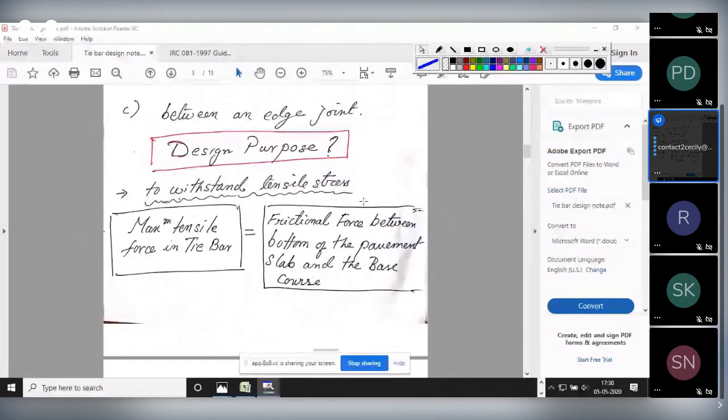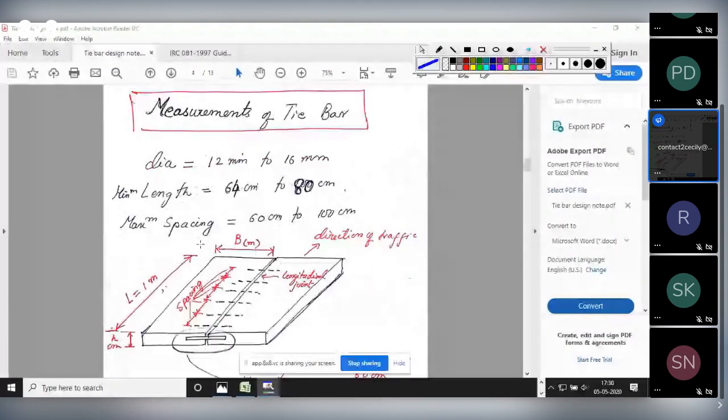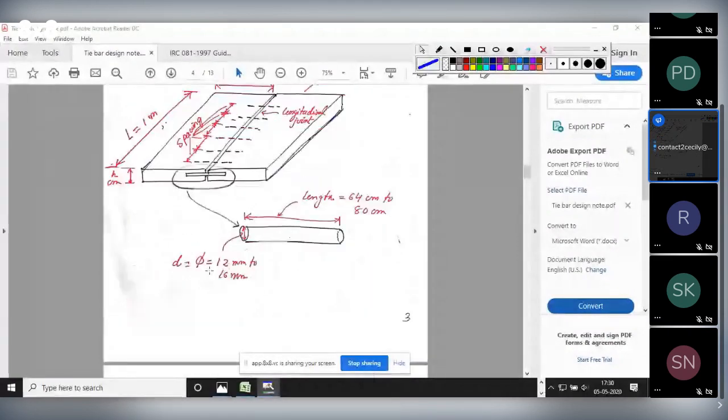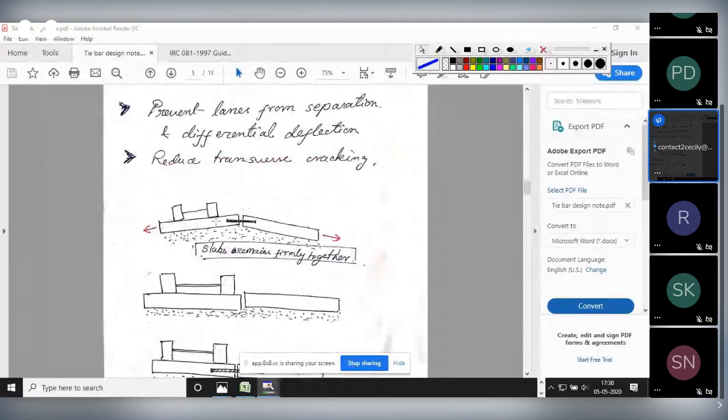What happens here? This is the slab, right? This is your axle load. The vehicle is moving perpendicular to the screen, going inside the screen. Think like that. So this is your cross sectional view.